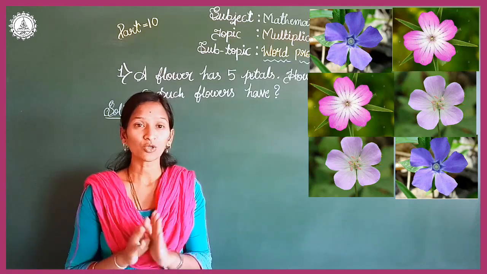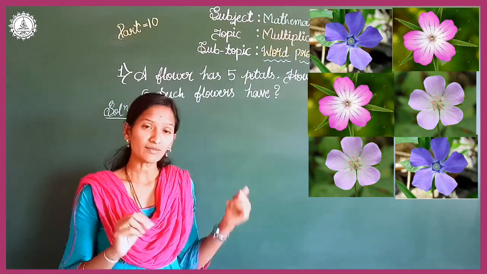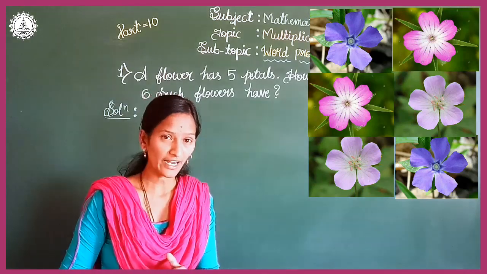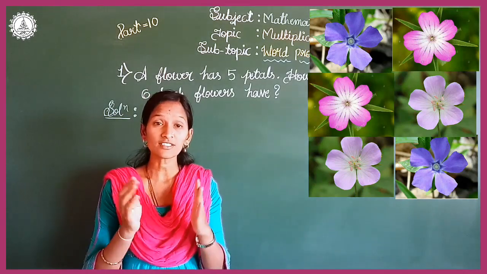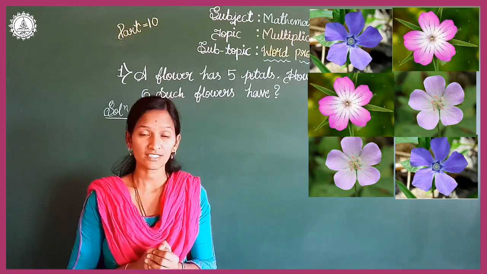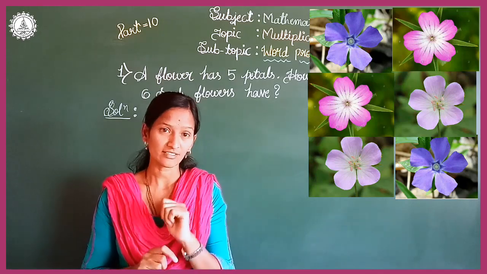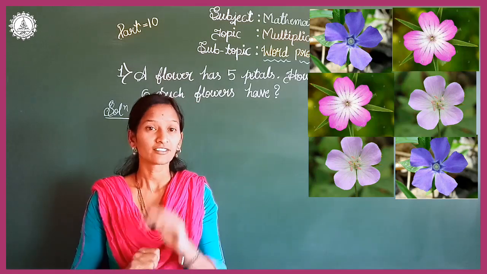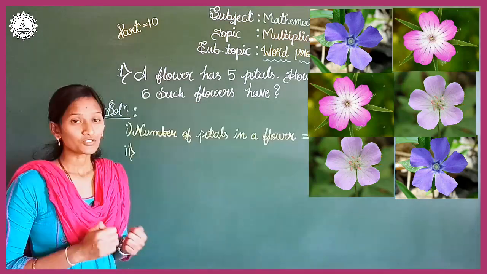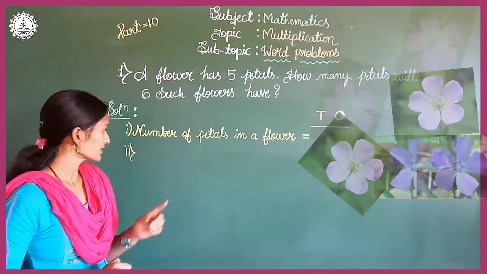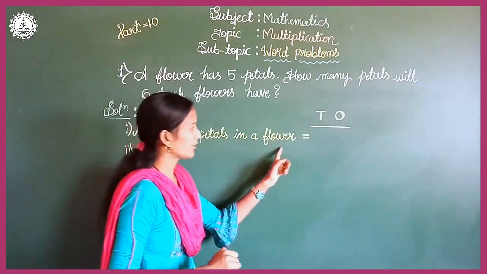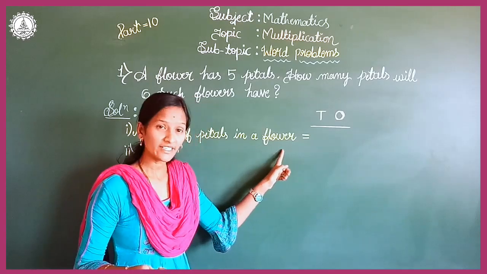Here I am solving this problem using the multiplication fact. So what is our first statement? Yes, the first statement is number of petals in a flower. How many are there? 5.